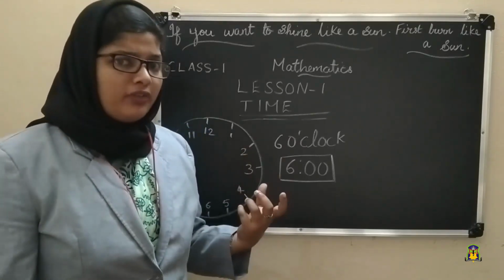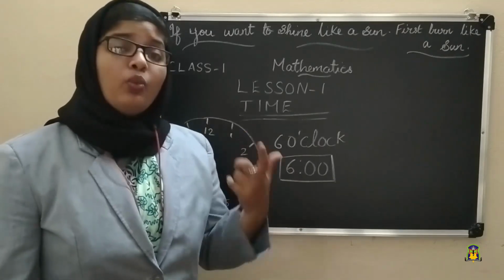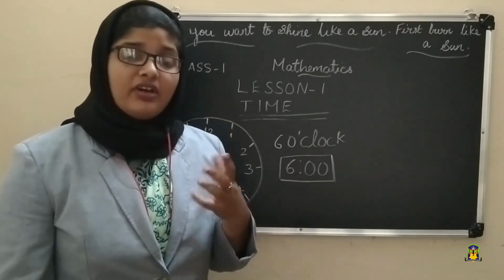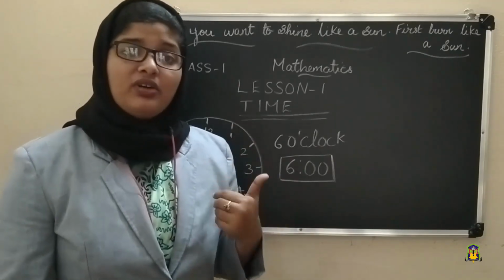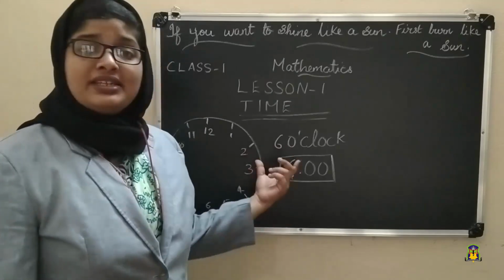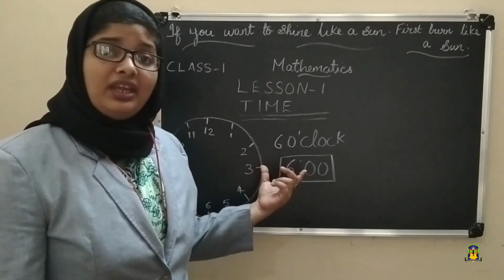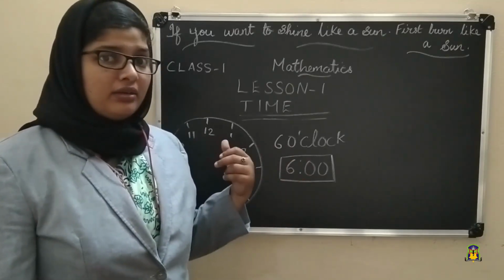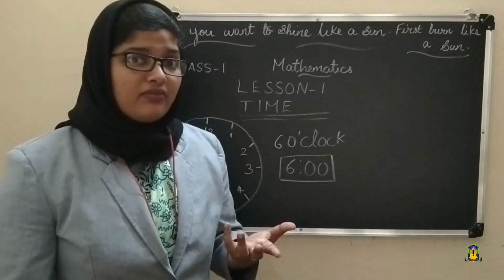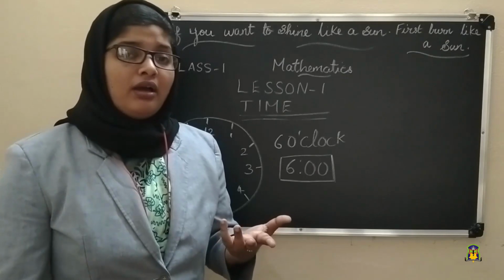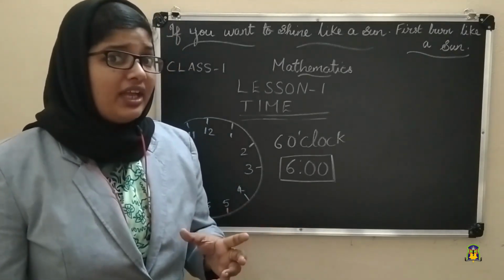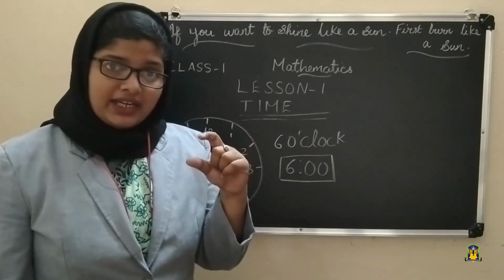So, all of you just think where you have to draw the minute hand and where you have to draw the hour hand. All of you say, where do we have to draw the hour hand? Towards which number? Our hand means small hand.